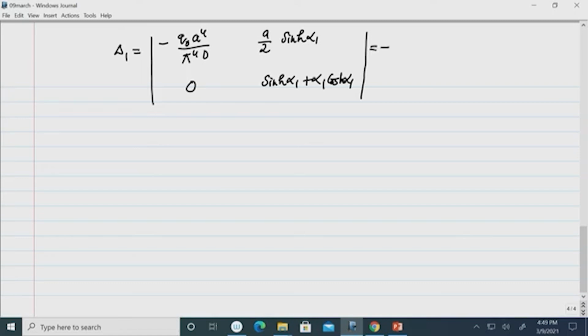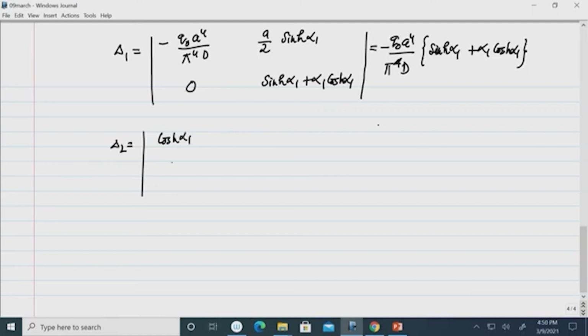So, delta 1 is this, you can easily evaluate this. The determinant will be q naught a to the power 4 by pi to the power 4 d, multiplied by sinh alpha 1 plus alpha 1 cosh alpha 1. So, this is delta 1, and delta 2 can be similarly found out. Delta 2 will be cosh alpha 1, pi by a sinh alpha 1, and this term will be same as this.